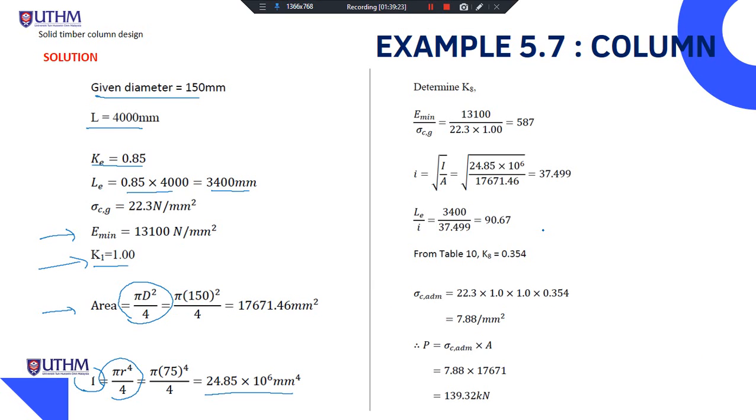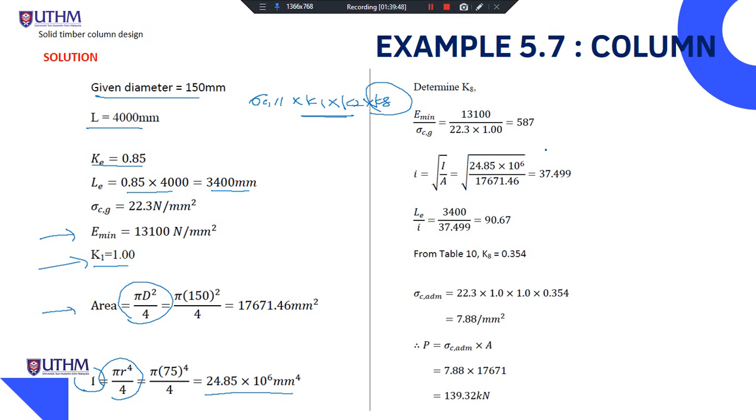Thus, you need to check this P using the permissible stress, compression stress parallel to grain multiplied with K1, K2 and K8 only. So you need to determine K8.